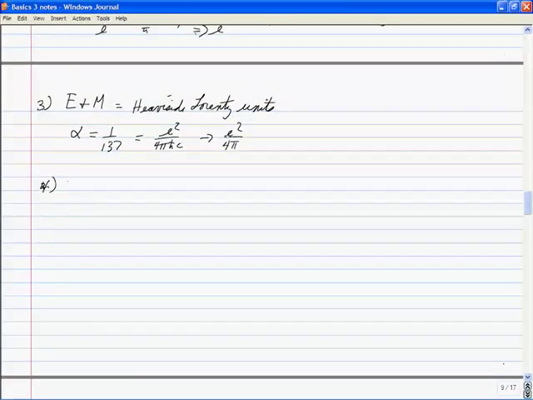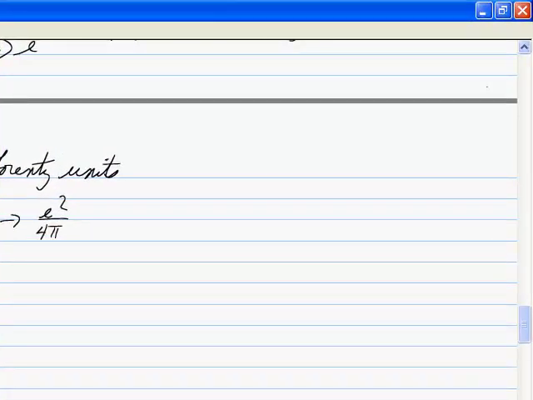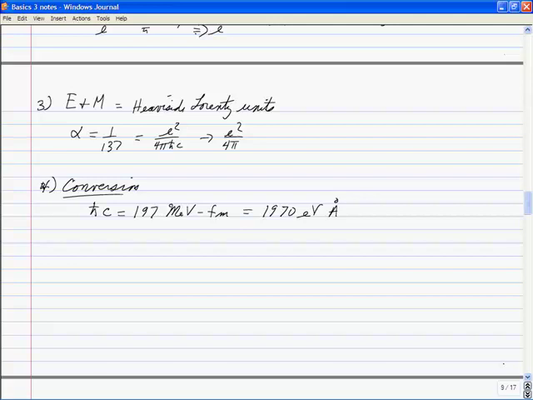Okay, and the conversion factors, if you want to go back, it's pretty easy. Basically, h bar c, which is 1 in these units, of course, is 197 MeV Fermi, or it's 1970 eV angstroms if you are doing things at the atomic scale. So if you're doing things at nuclear and particle physics, you tend to use the first one.